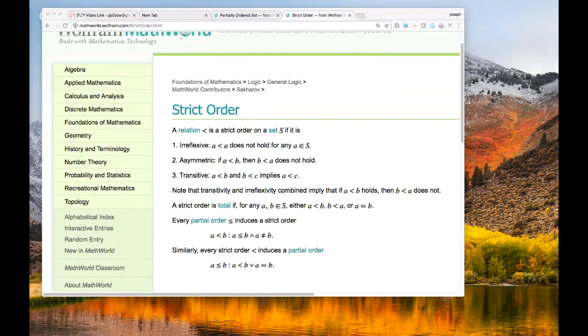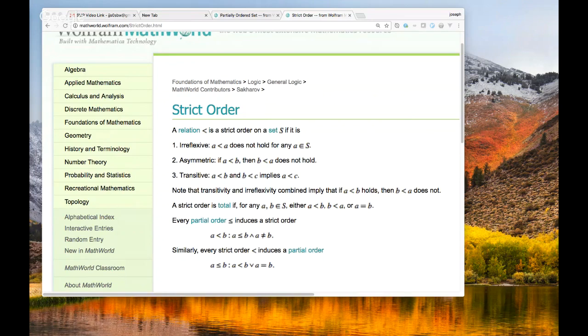A strict order is a relation over a set that has three logical properties: irreflexive, asymmetric, and transitive. So we really like that. It's very focused. It has three well understood logical properties. They work together.